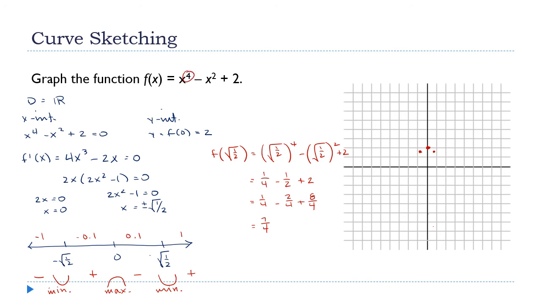All of the exponents are even. So I knew if f of the square root of 1/2 was something, f of negative the square root of 1/2 had to be the same value. And this gives me what I need. I'm going to decrease, and then increase, and then decrease again. And there's my graph. That's what this thing is going to look like.